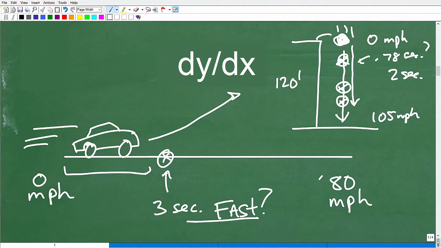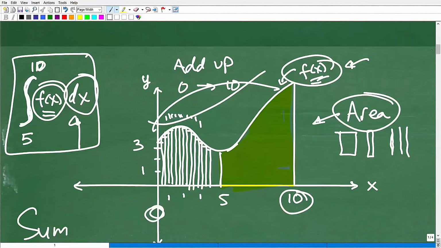Calculus solves two big problems for us. It does so much more, obviously, but the two big problems you can think about are, first, instantaneous velocity questions like this. If something's accelerating, we can use calculus to answer these questions. The second thing is the area problem.